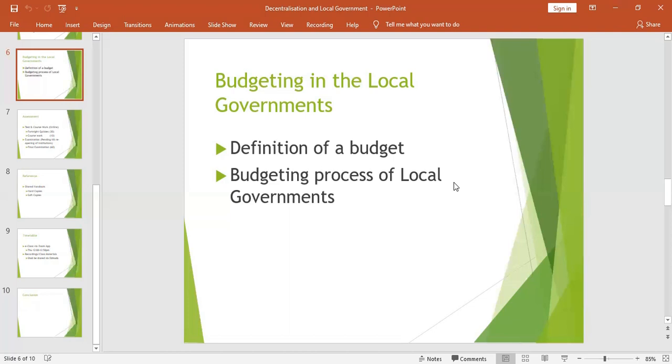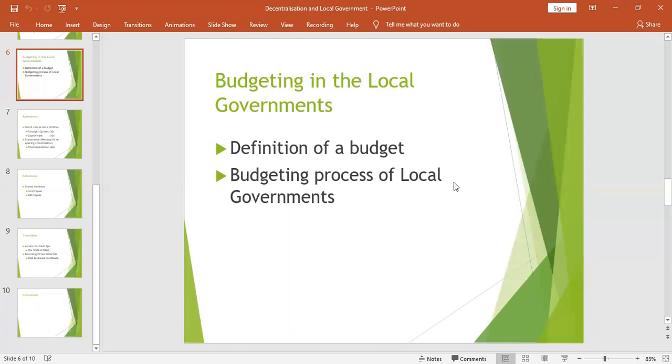Where does the local government get revenue from? This is as per Section 80 of the Local Government Act, which provides local governments power to levy, charge, and collect fees and taxes as a means to generate local revenue.